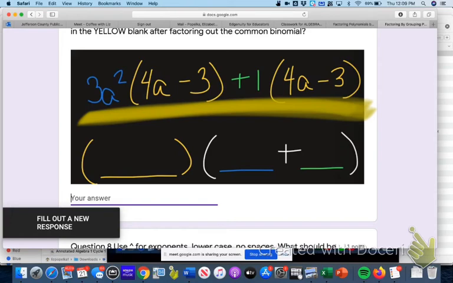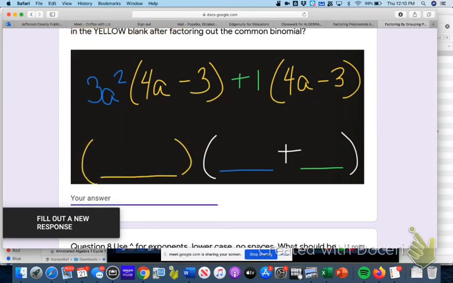So the question is asking you, what's going to go in the yellow blank? So what is going to go right here in this yellow part? 3. So remember, the common binomial is going to go in the front. So which one's the common binomial? Which one's the one that's the same?